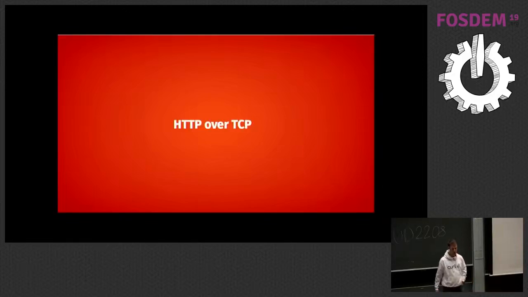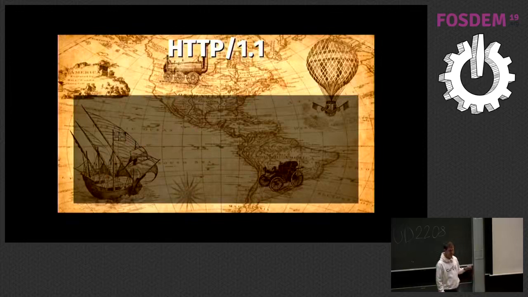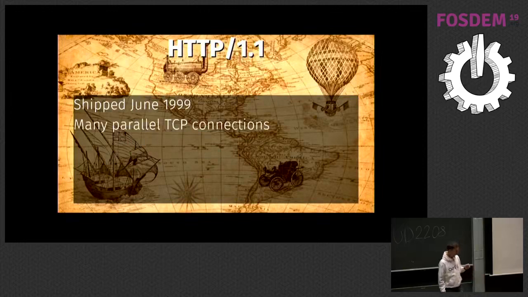But okay, so HTTP done over TCP, as we have been doing for a long time. It started out, as I mentioned, HTTP 1.1 shipped in 99. We used HTTP 1.1 with typically a lot of parallel connections, right?